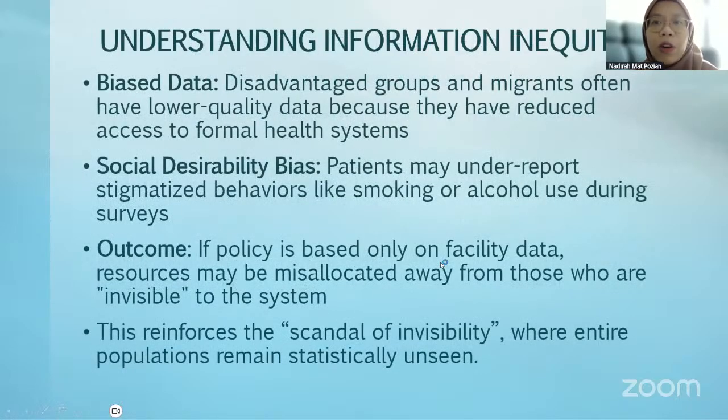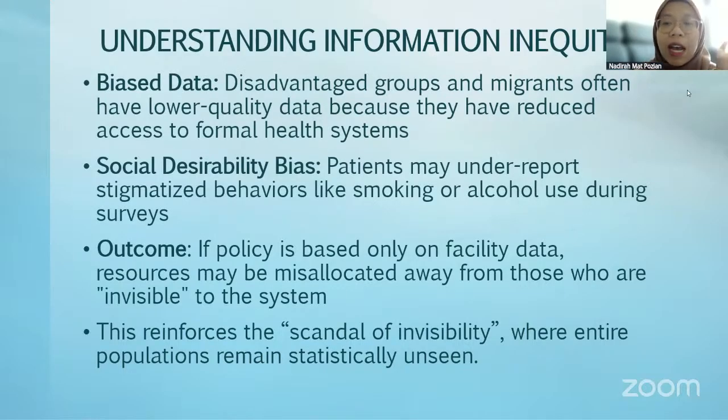Okay, let's continue a bit more about understanding information inequity. Disadvantaged groups and migrants, like I mentioned just now, often have lower quality data because they have reduced access to formal health systems.